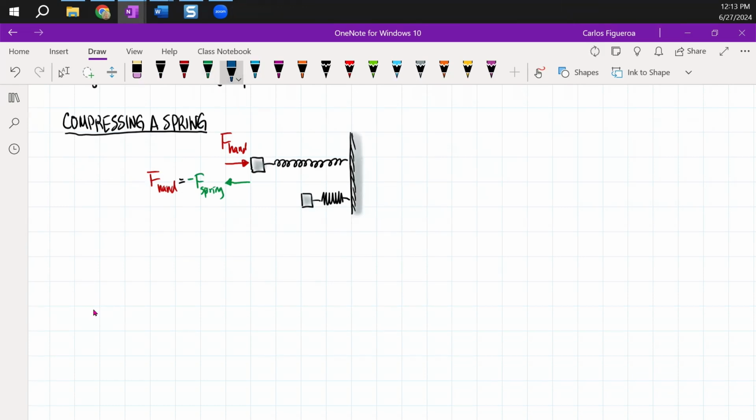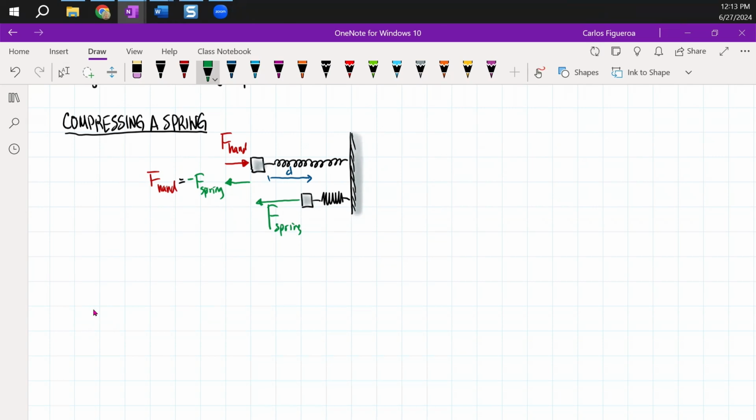So if I displace this, let's say this distance right here, as I start to push, I have to push harder and harder, and the spring force has now increased. So now I have a larger spring force, and of course the force of my hand has to be equal and opposite.